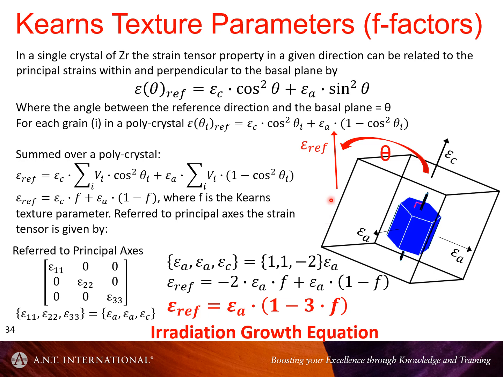And this is a tensor transformation, and I don't have time to go into the details too much, but suffice to say that if we have a strain tensor which represents the strain in a given grain, one can determine what the strain is in the direction of a component, say along the axis of a tube, by the use of what's called the Kearns texture factor F.